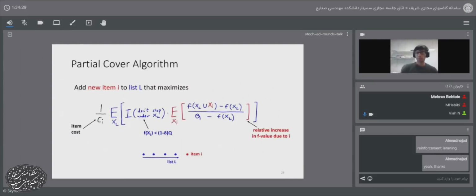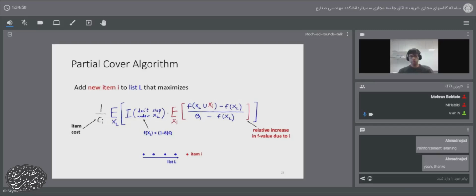Okay, so one more thing about the partial cover algorithm. It's based on a very natural idea or a greedy type scheme where we build the list one item at a time, and each time we select an item that maximizes some score. So there's a kind of an interesting score. So I thought I'll explain the intuition behind this.